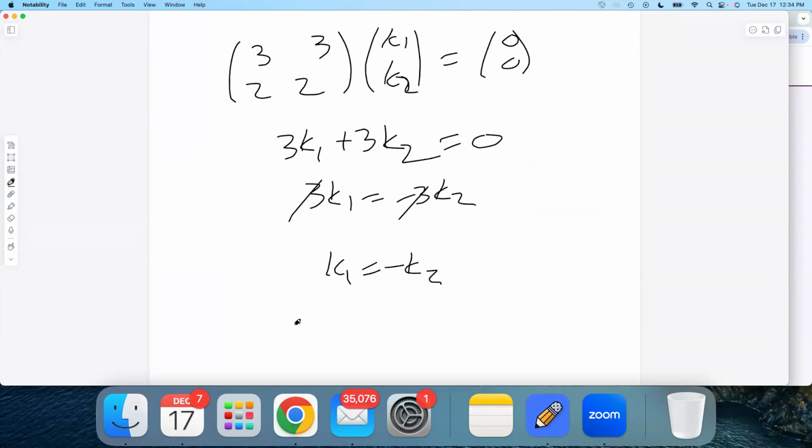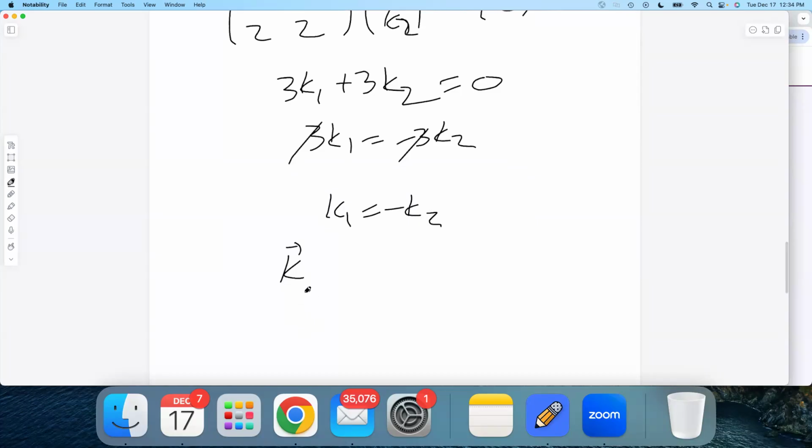So I could make it anything. I could make it 7 and -7, -35 and 35. I'm going to go with 1 and -1. Doesn't matter where I put the negative either. Any multiple of an eigenvector is still an eigenvector. So the eigenvector associated with lambda equals -1, we'll go with 1, -1.